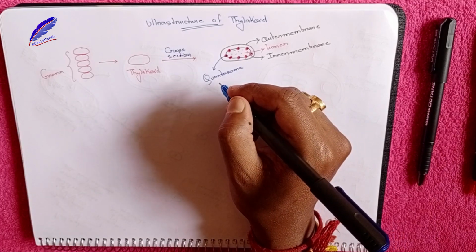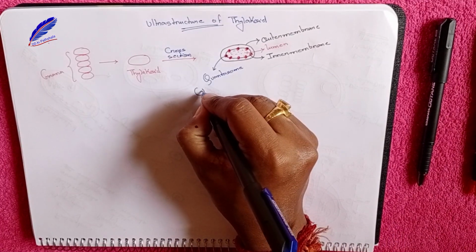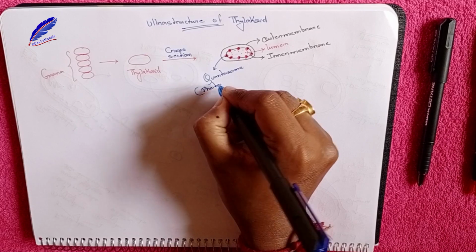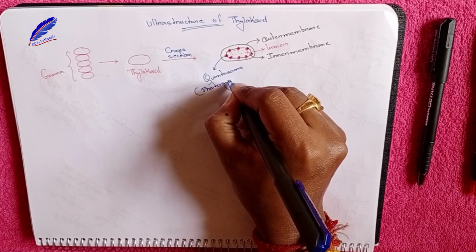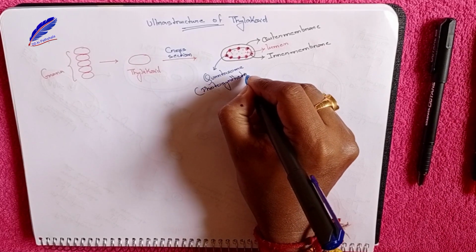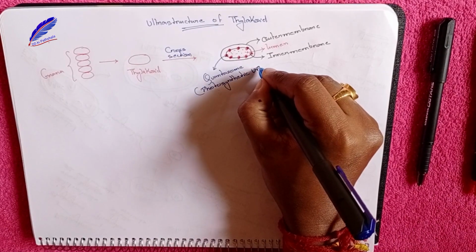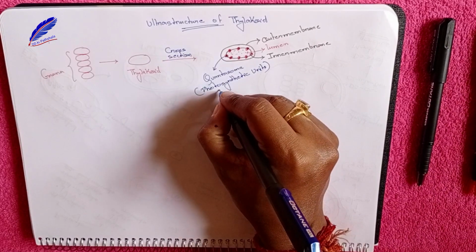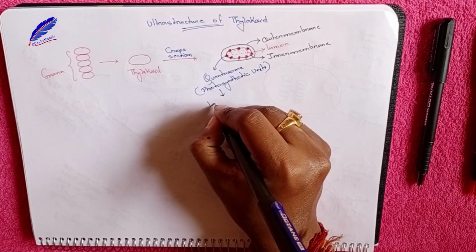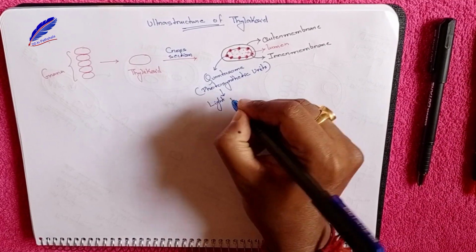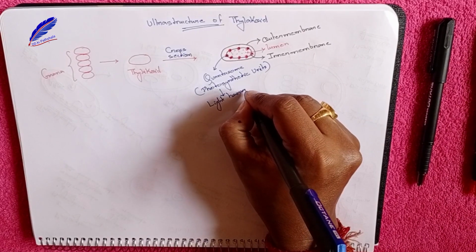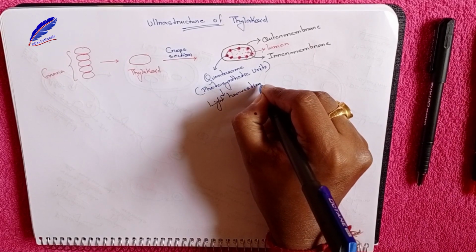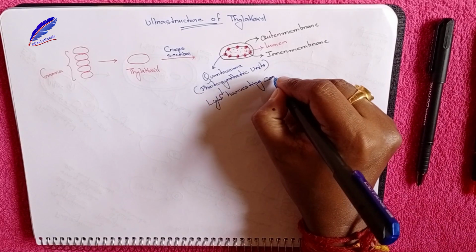These are also called photosynthetic units, or they are also called light harvesting complex.